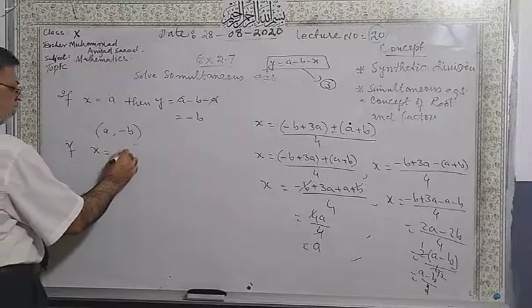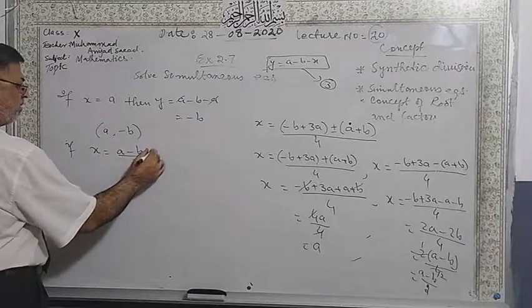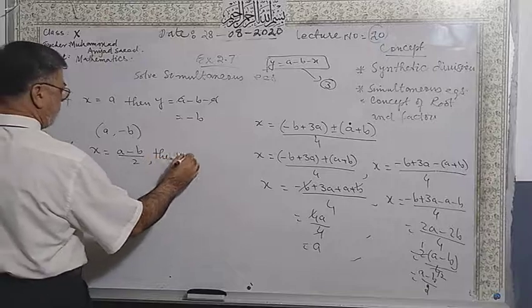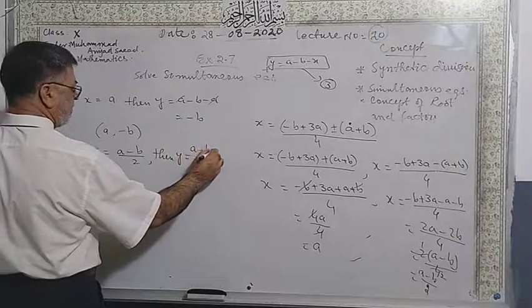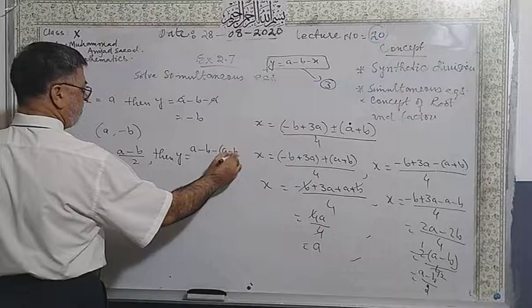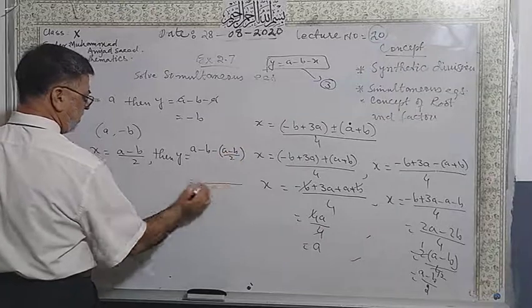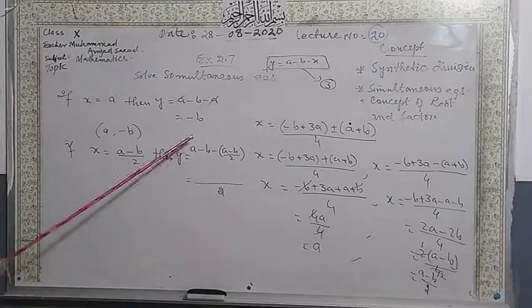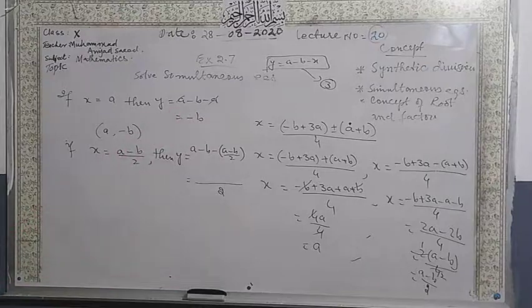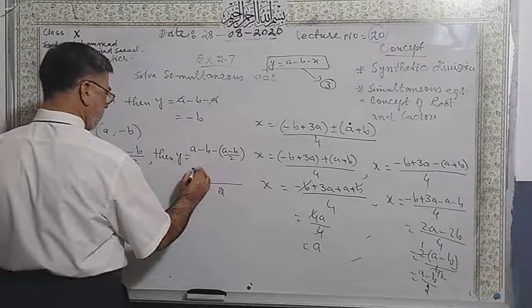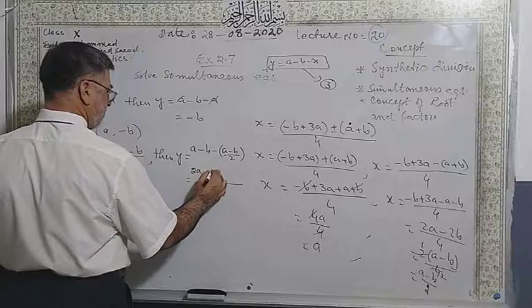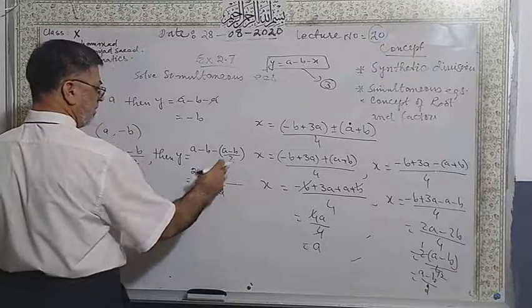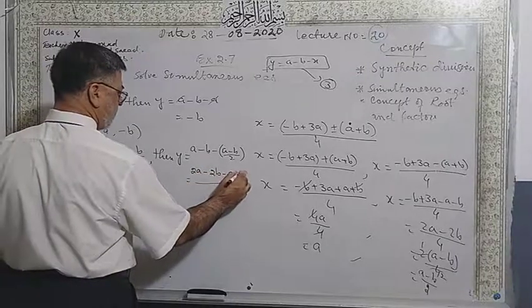If x is equal to a minus b over 2, then y is equal to a minus b minus a minus b over 2. Take 2 as LCM. It will be 2a minus 2b, 2 cancelled out, minus a plus b.